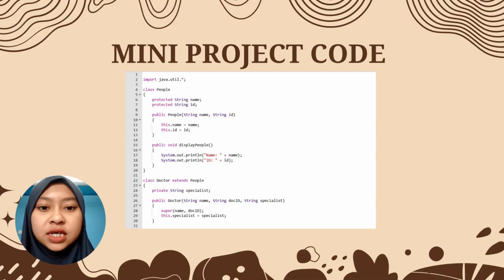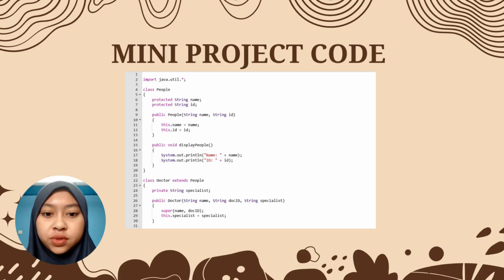For explanation, this serves as a superclass defined for attributes shared by an individual. The use of the protected access modifier ensures these attributes are inheritable and directly accessible by subclasses.